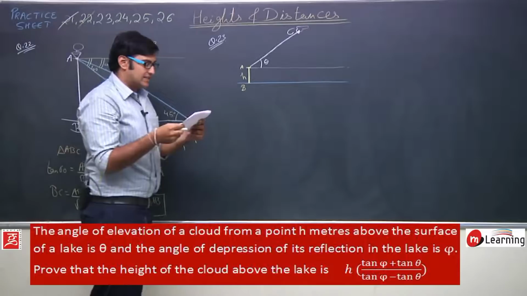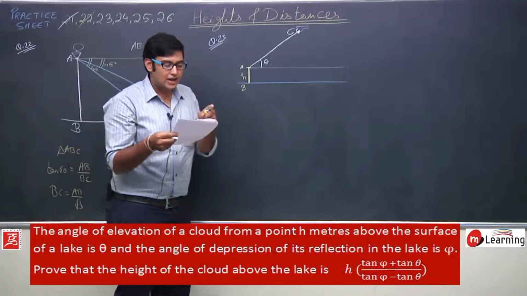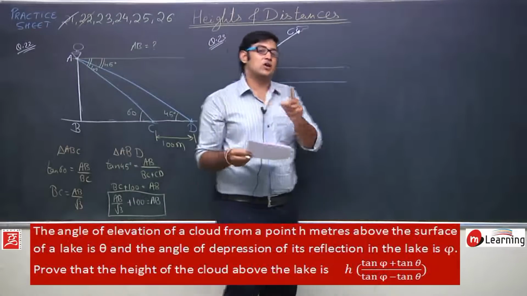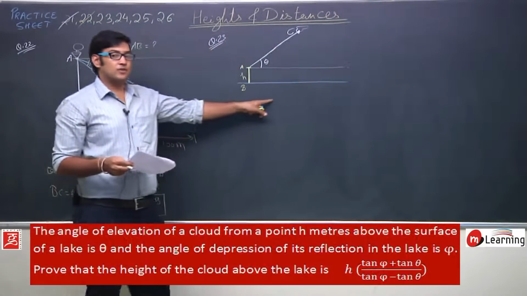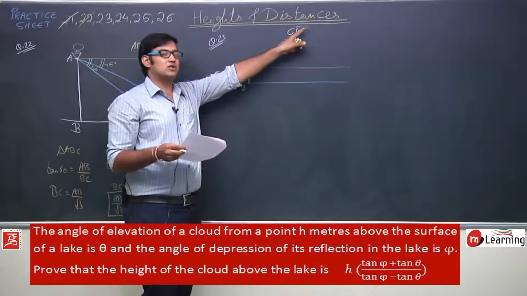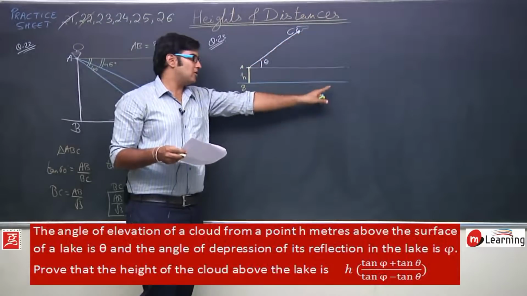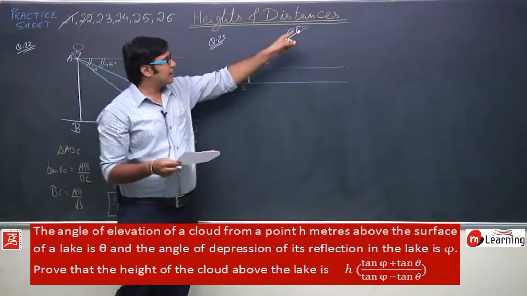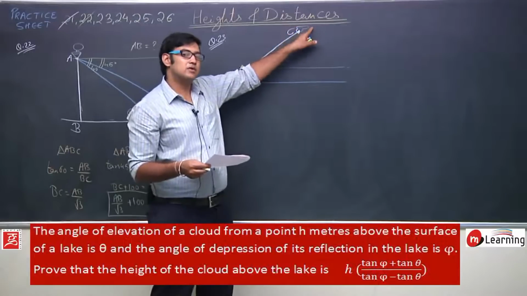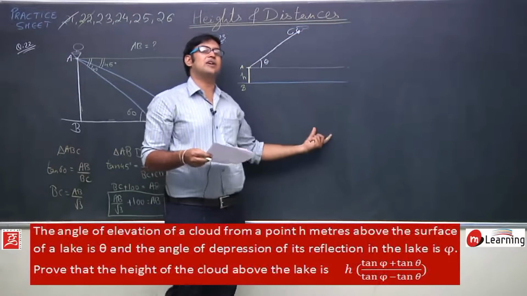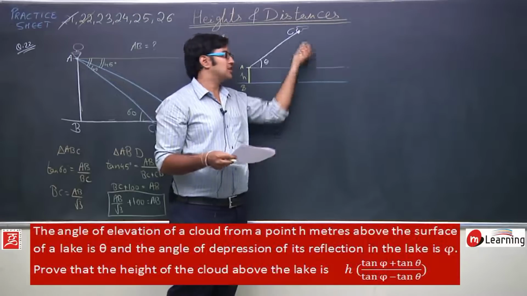Now further it says the angle of depression of its reflection. Since this is a lake, if this is a cloud, then definitely this cloud's image will be observed in this lake because of reflection. The light will strike this cloud, then it will strike this lake, and a virtual image will be formed of this cloud.